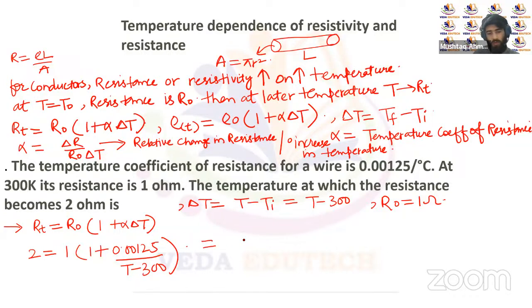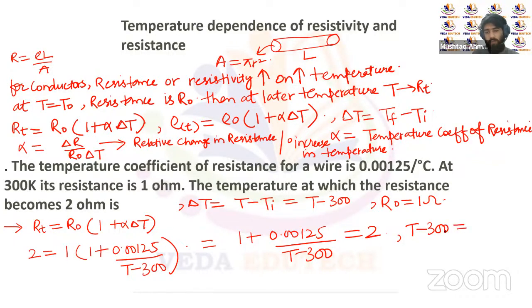From this equation you can easily calculate how much the change in temperature will be. 1 plus 0.0125 upon T minus 300 will be equal to 2. So T minus 300 will be equal to 2 minus 1, that's 1, upon 0.00125.